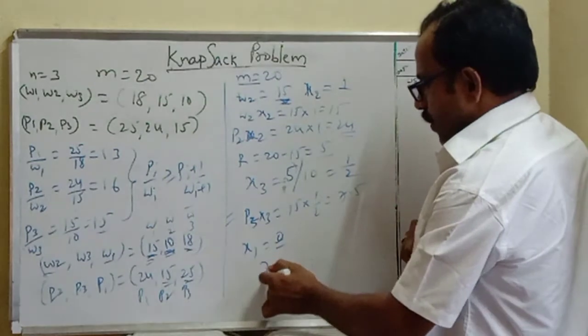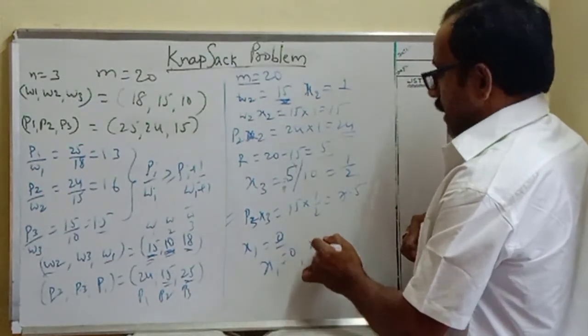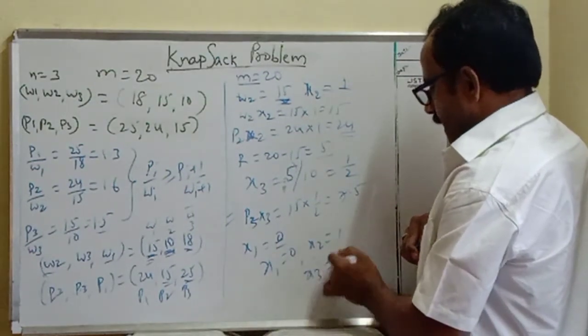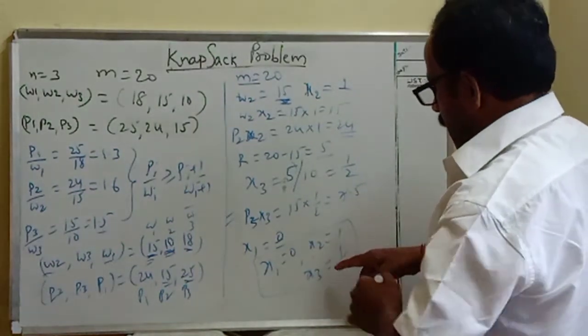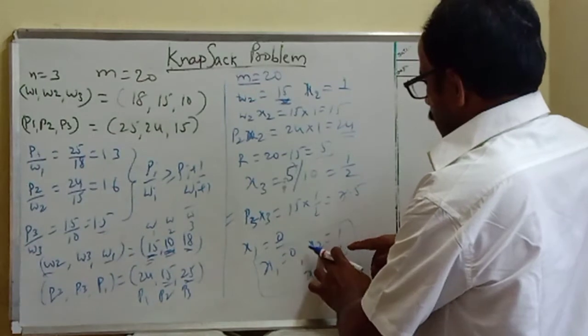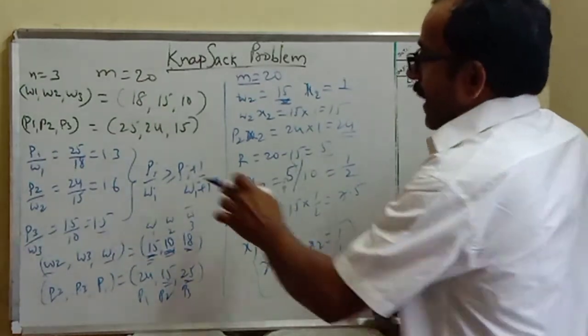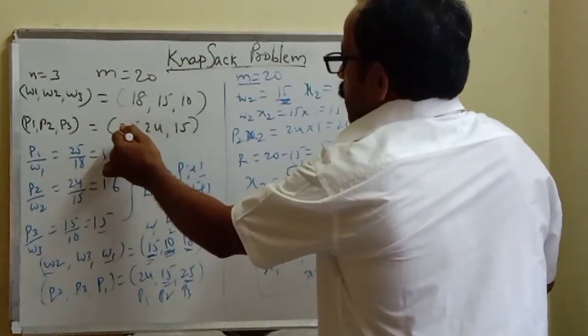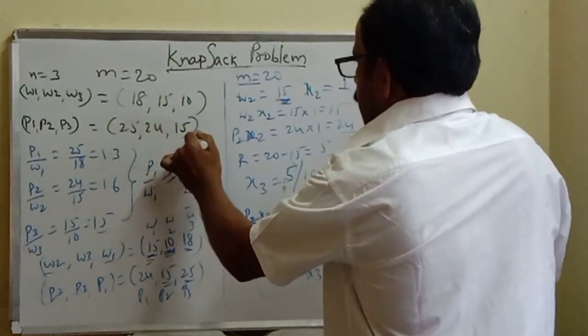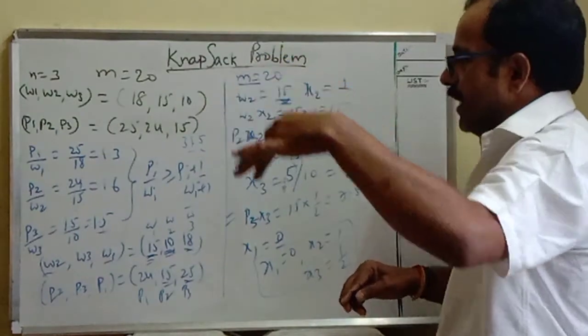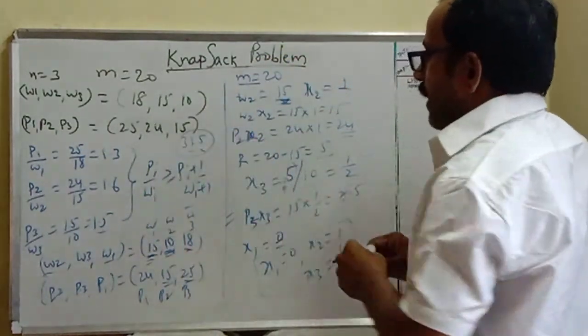Then what is the solution now? X1 equal to 0, X2 equal to 1. What is X3? Half. This solution is producing the optimal, because P1 into 0, P2 into 1, P3 into half: 25 into 0 plus 24 into 1 plus 15 into half, 31.5 we get. Even in the first table, we selected 31.5 as the optimal solution.